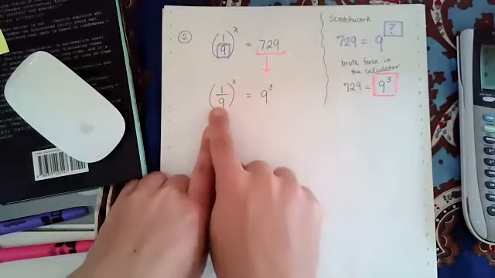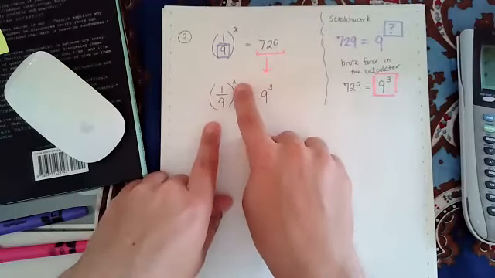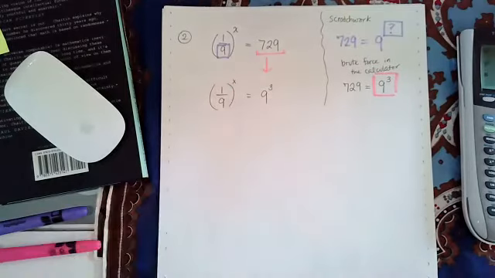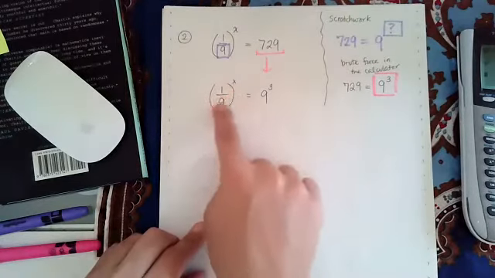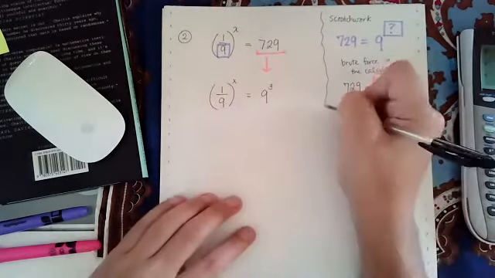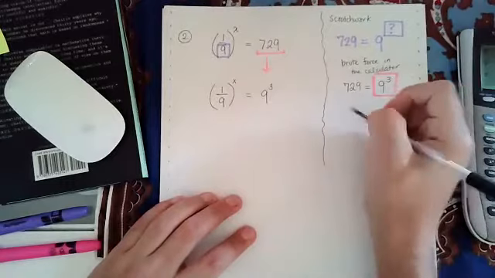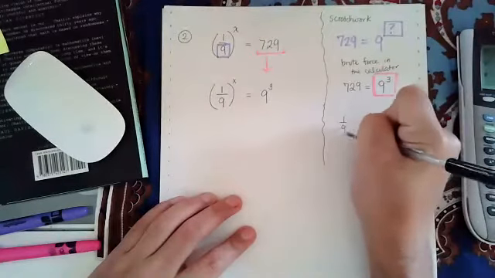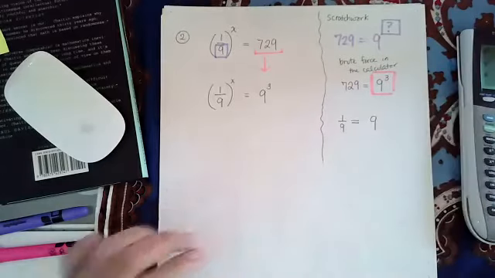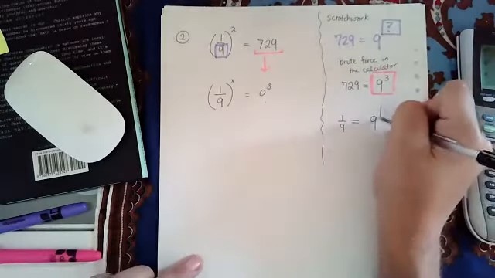I have 1/9 to the x power and 9 to the third power. So I won't be able to cancel these out until I can write this side as 9 raised to a power. So somehow I need to be able to write 1/9 as 9 raised to some power.